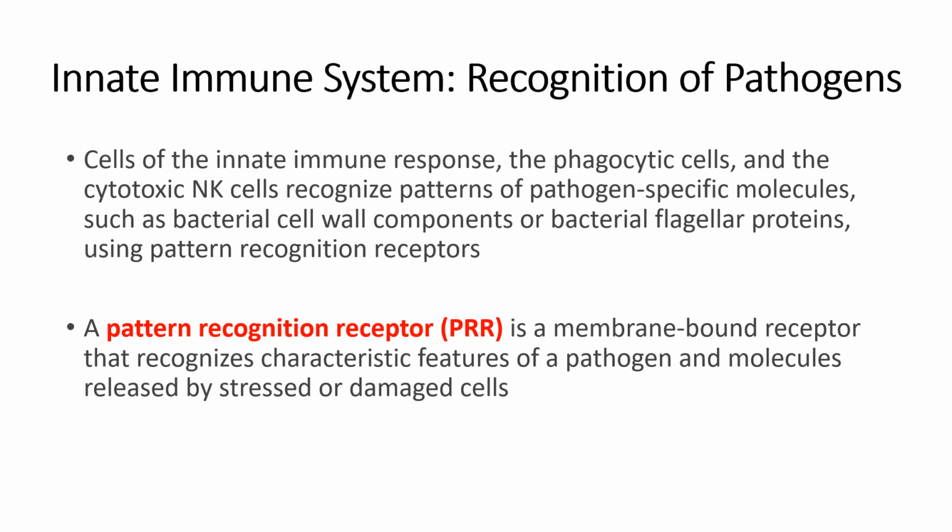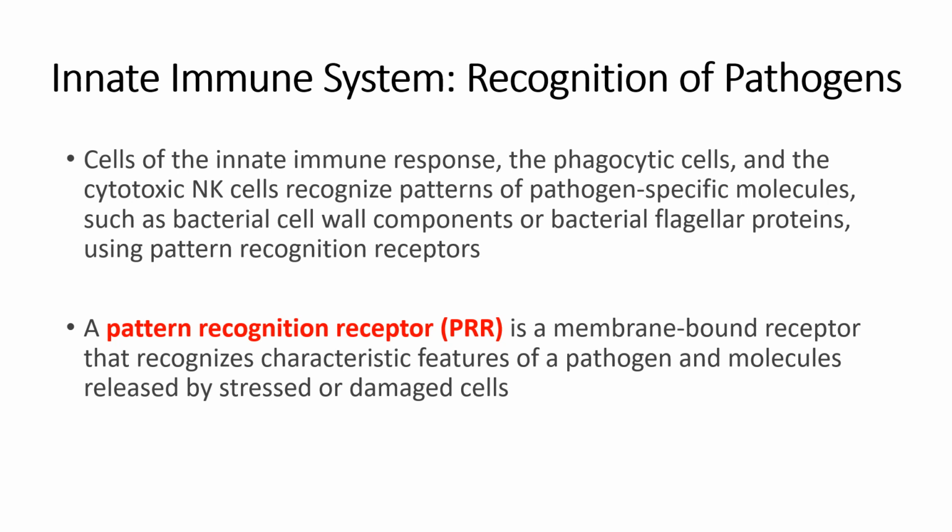Now, the job of the innate immune system, we've said repeatedly, is that it's fast-acting, but it's non-specific. So the cells of the innate immune response, the phagocytic cells, and those cytotoxic natural killer cells work by recognizing general patterns of pathogen-specific molecules, such as certain components of the bacterial cell wall or particular flagellar proteins, by using something called pattern recognition receptors.